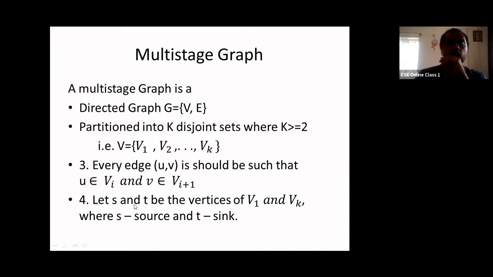Those vertices are called the source and the sink, S and T. S stands for source and T stands for sink. It is as good as the resources originating from source S and all converging to the sink, the last node, T.